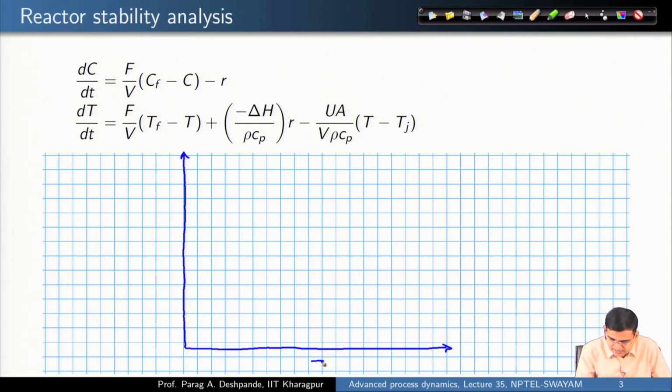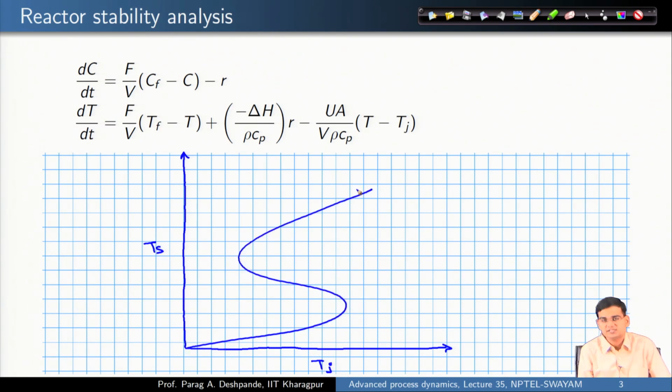So, this is jacket temperature versus steady state temperature. The system looks like this.